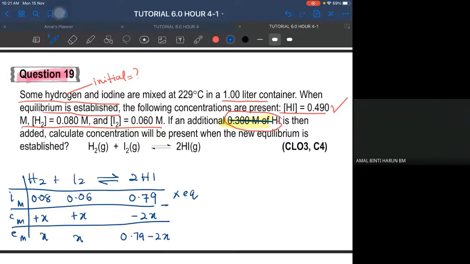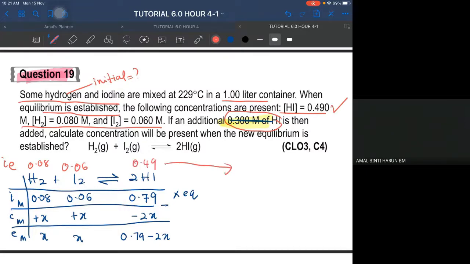Macam mana nak cari value x? Remember that kita ada condition yang equilibrium tadi, yang original dia equilibrium. So concentration dia 0.08. Ni initial dia memang dah equilibrium. Itu 0.06. Ini 0.49 at equilibrium.